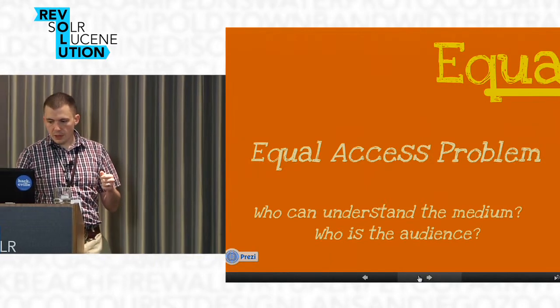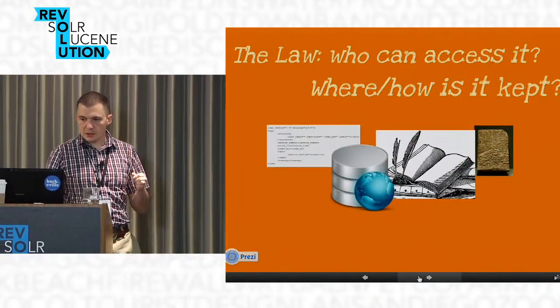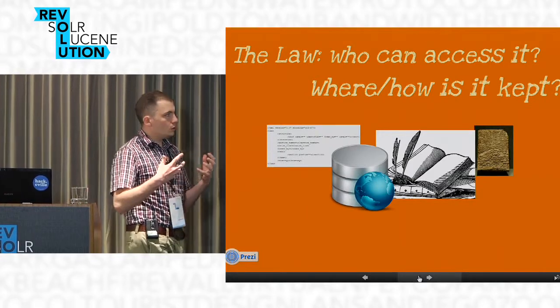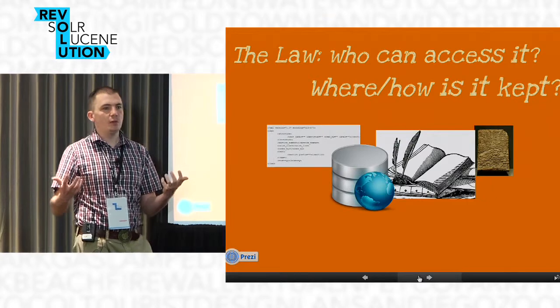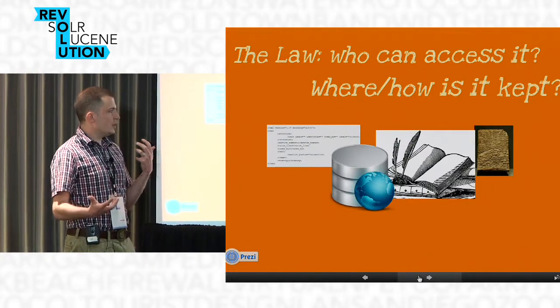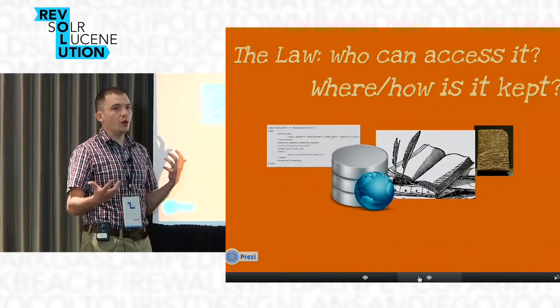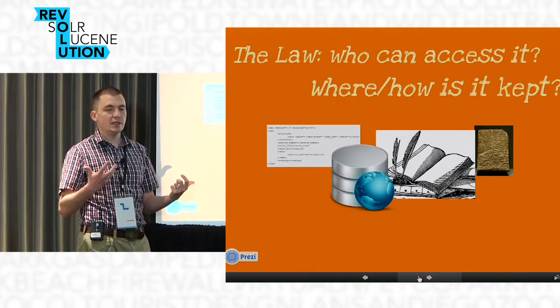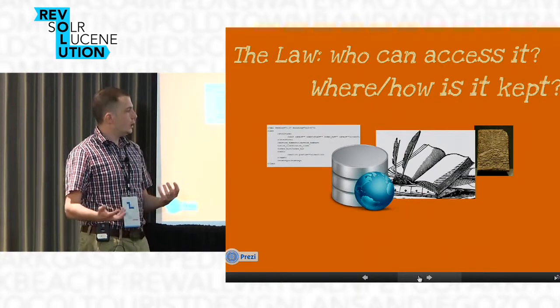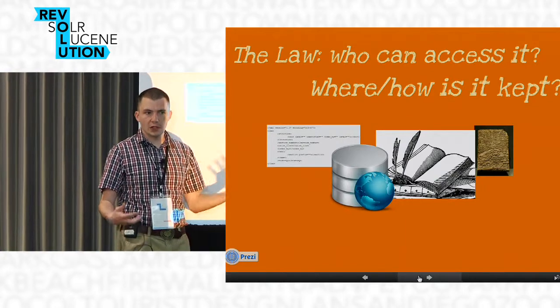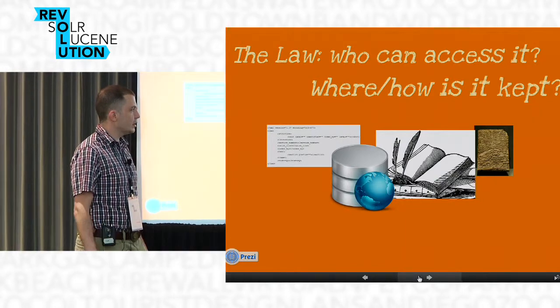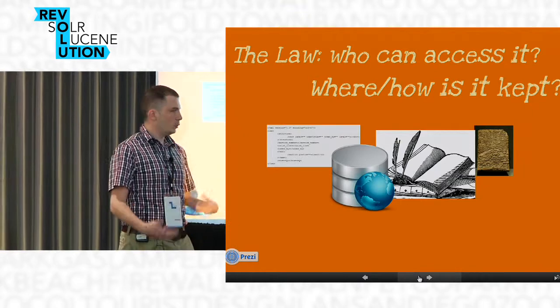But the real issue is how do people access the law? Is the law accessible to everybody? There are a couple of different ways the law might be kept. Are all those places accessible to people? We have maybe a database or a legal search online, like a LexisNexis kind of product, targeted more for lawyers.